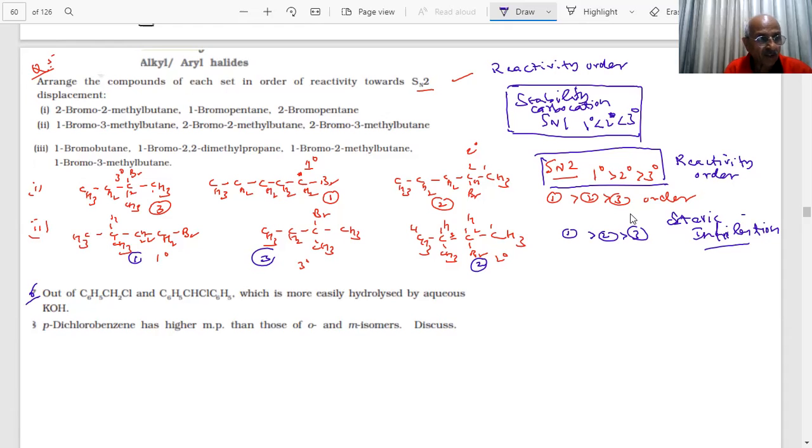First, write the structures of these. It helps us to understand which intermediate the reaction takes place through. More stable intermediates are going to be hydrolyzed more easily. So we have to see what intermediates are involved in the reaction.